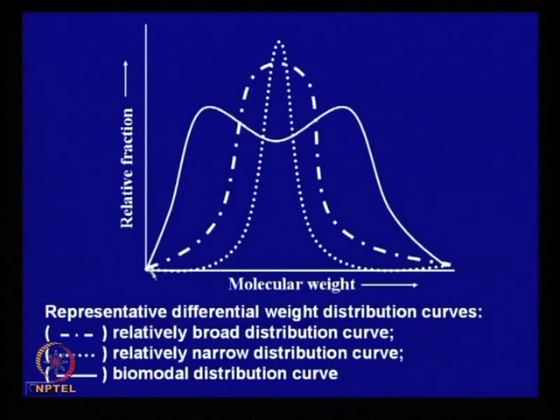So, if you are asked to develop a molecular distribution curve, this axis defines the molecular weight, this axis defines the fraction. To draw a distribution curve, what do you have to do?